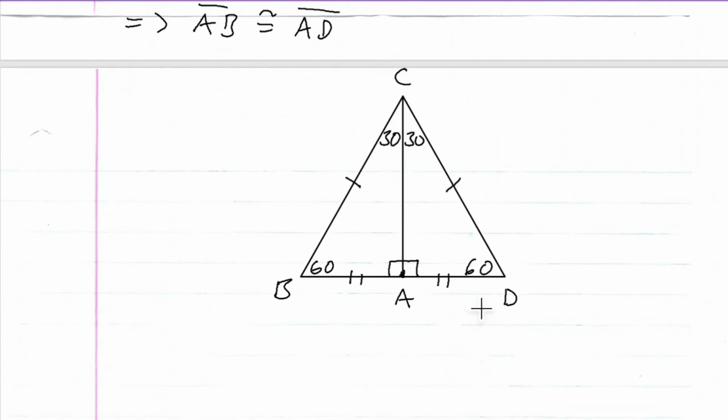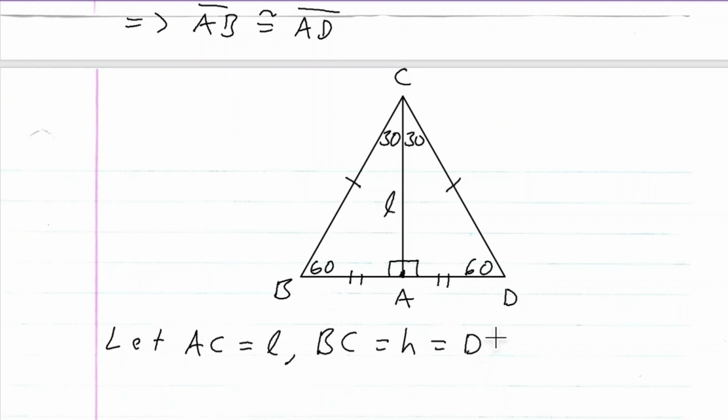So I'm going to let, let's see, AC equal L, right? Because that's the length of the longer leg in both of these triangles. I'm going to let BC equal H, which equals DC, right?